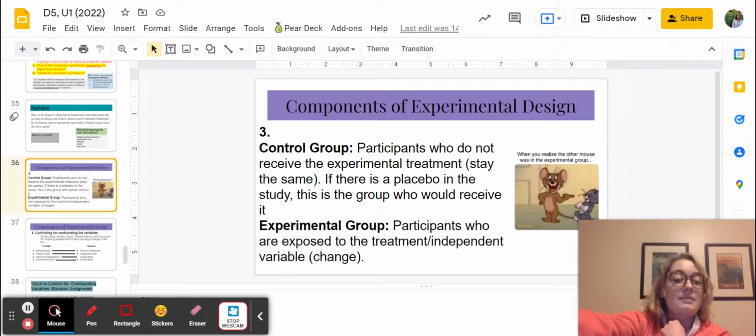So the group that's receiving the change, where I'm now turning on the overhead lights, that would be the experimental group. Or in my case of ice cream, ice cream's impact on mood. Control group would live their life normally. They wouldn't be eating more ice cream. And then the experimental group, because we're seeing the impact of ice cream on your mood, would be the one getting ice cream.